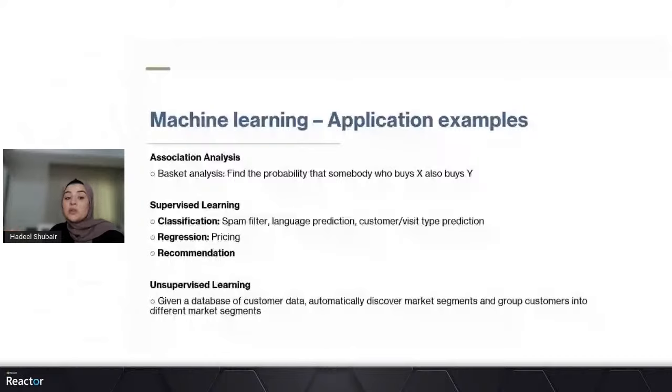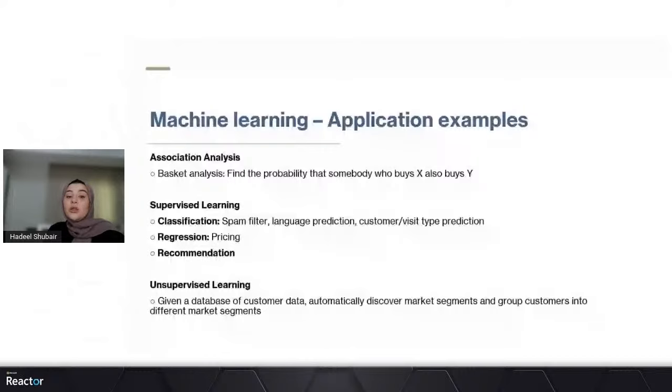Gmail actually uses classification to filter the emails that are spam and immediately put them in the spam folder. You have regression, for example, to predict pricing, or you have recommendation systems. And in unsupervised learning, we gave examples of that.